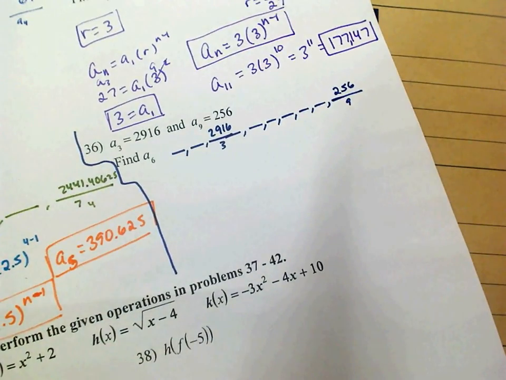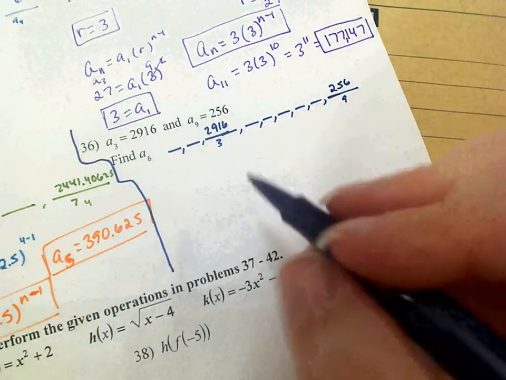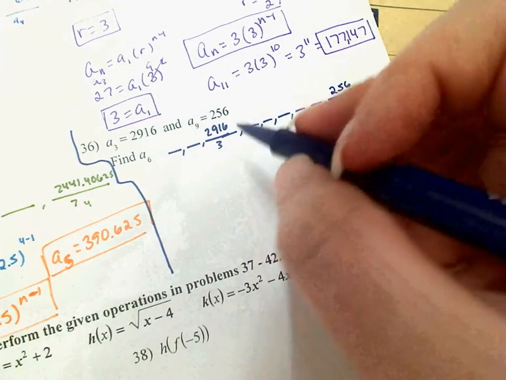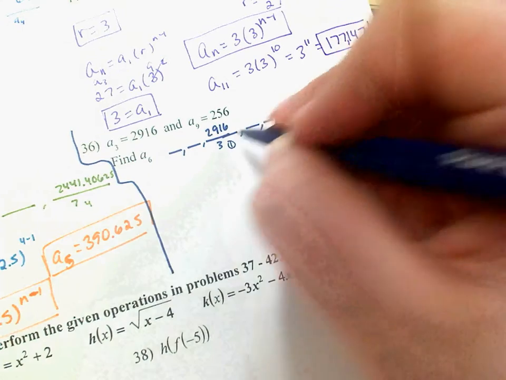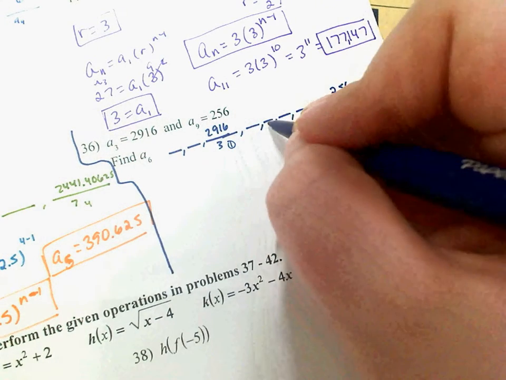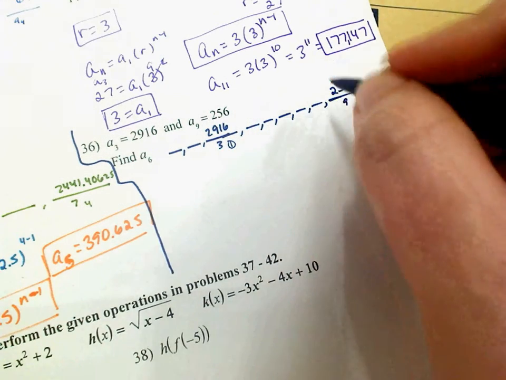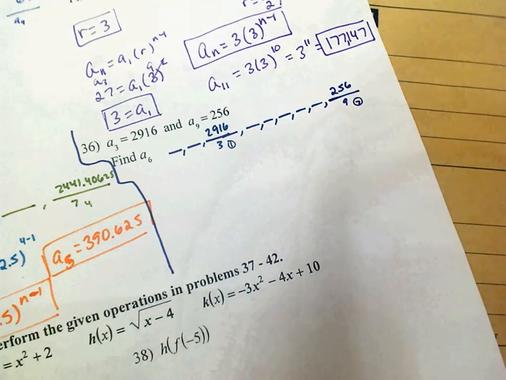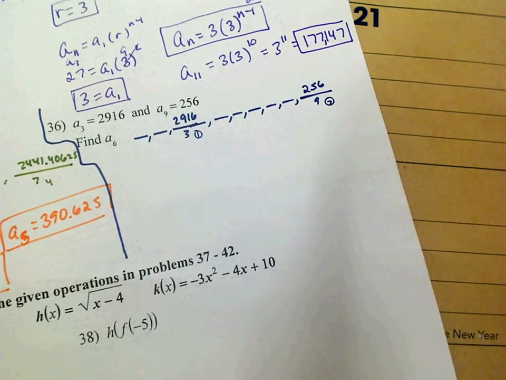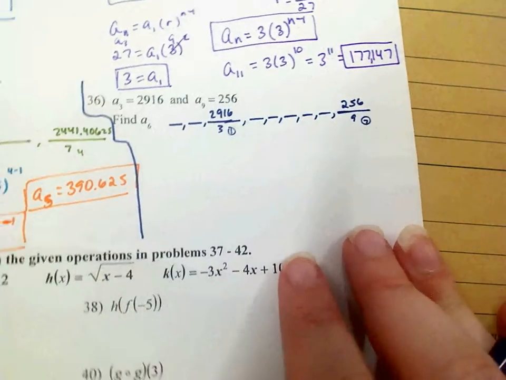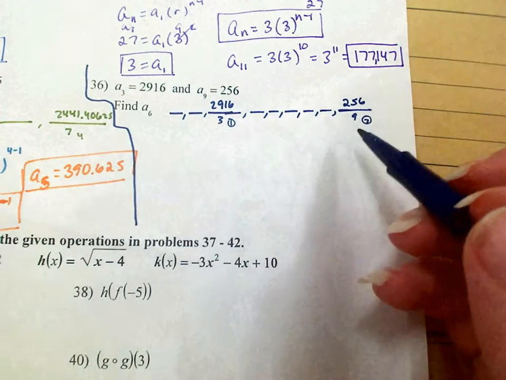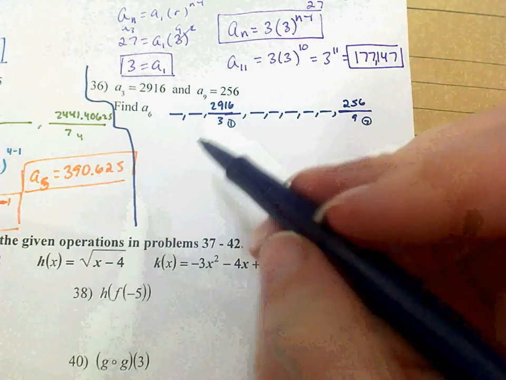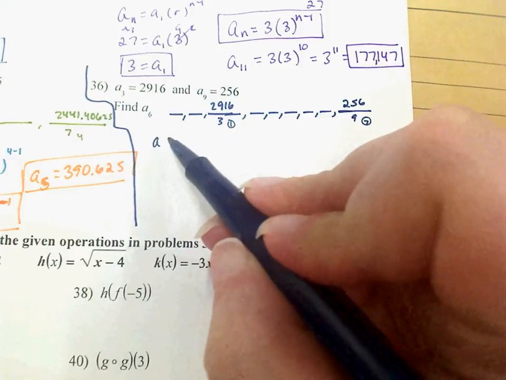So here's what I know. Again, I'm going to pretend like this is the first term, and that means this is the 1, 2, 3, 4, 5, 6, 7, the 7th term. So I'm pretending I have the 1st and the 7th term. So I know that a sub 7, or a sub n, right?